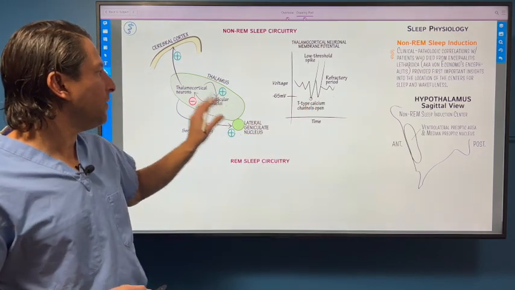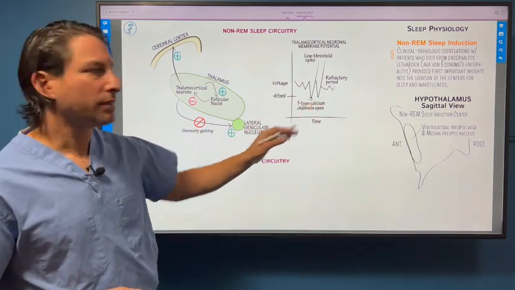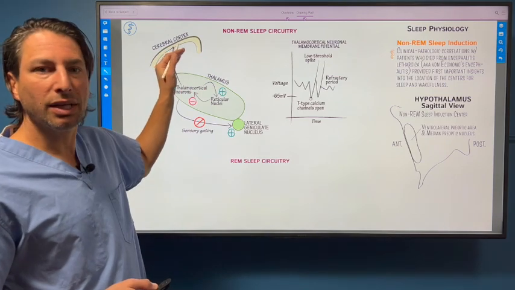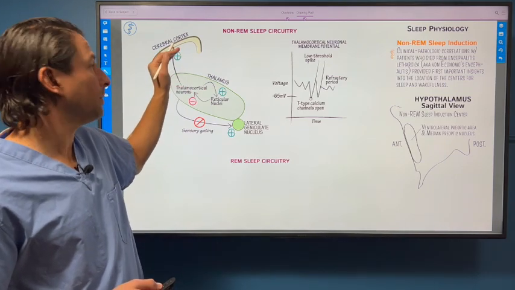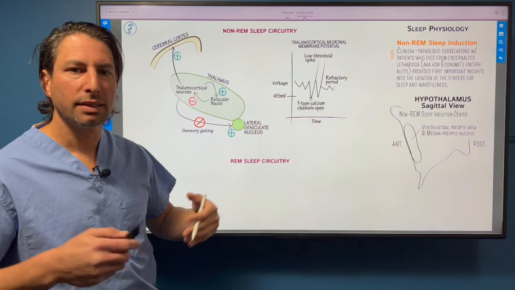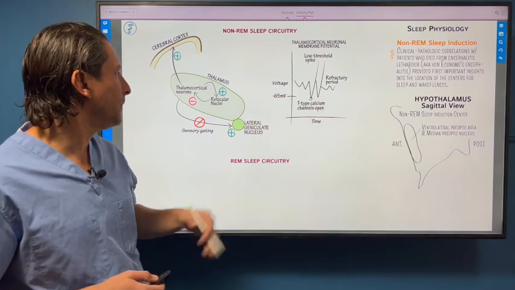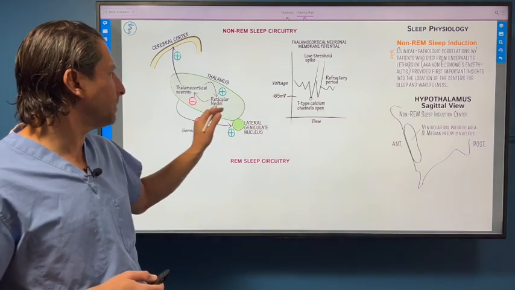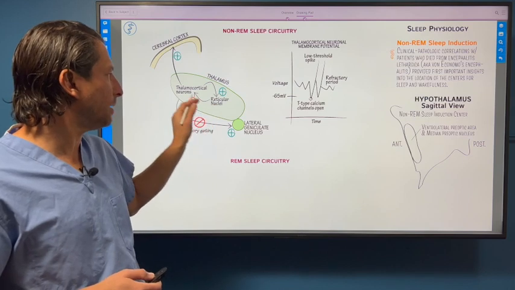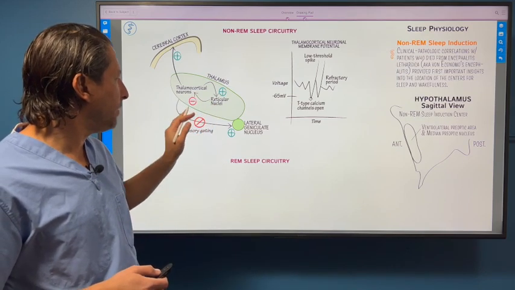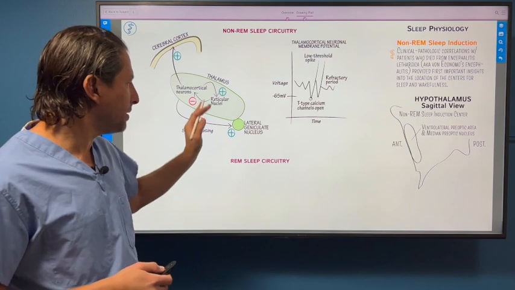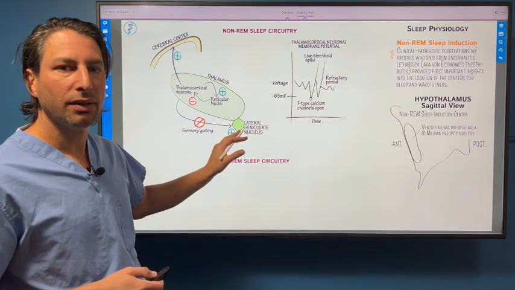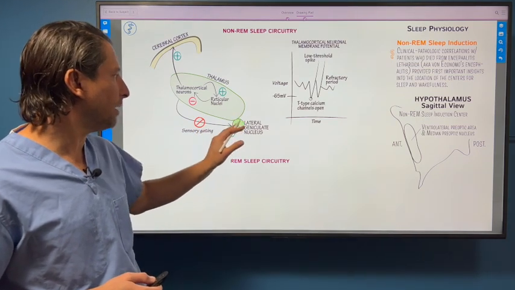So via this physiological setup, we can see EEG changes via activation of the cerebral cortex, these various sleep patterns on EEG. There is further excitation of the reticular nuclei with this inhibition here. And then there is inhibition of excitation of various thalamic neurons.